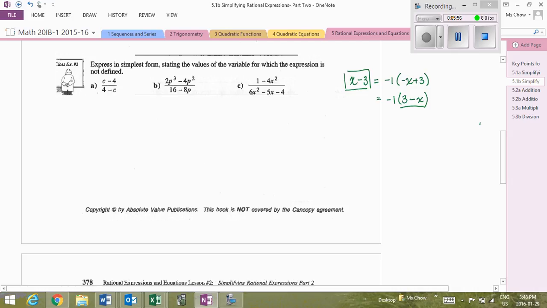If I wanted to show the step, I could say that this is the same as -1 of negative c plus 4, and in the denominator I have 4 minus c, and negative c plus 4 is the same as 4 minus c, and therefore I can factor those out as 1 over 1, and therefore my answer is simply -1.